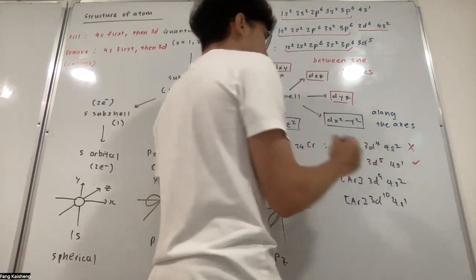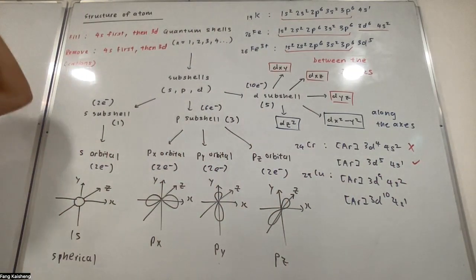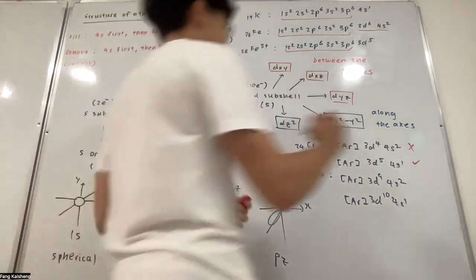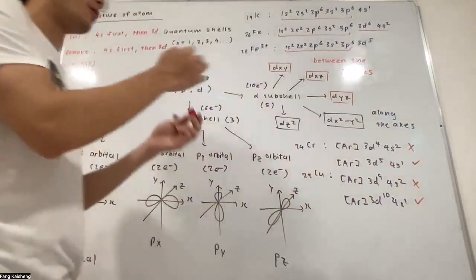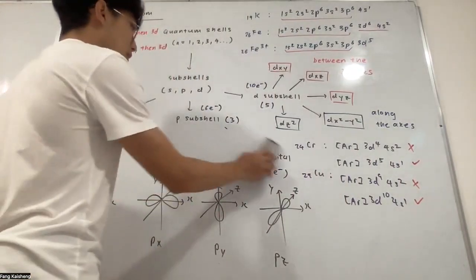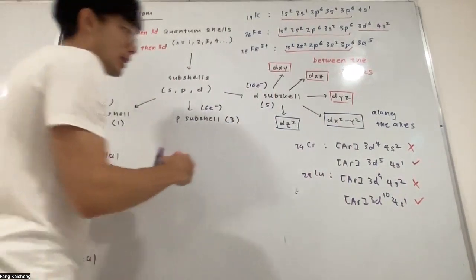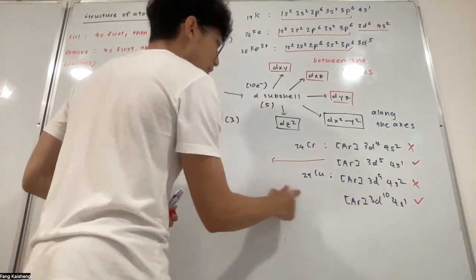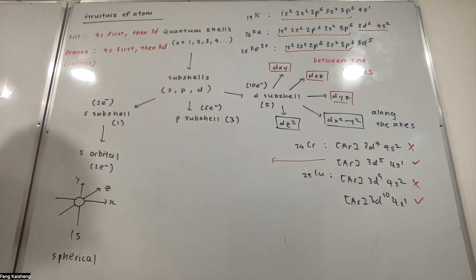There's a very good reason for this. The reason isn't usually tested, but I'm starting to see it more often recently. Let's come up with the reason for this. You can take this down also. Why is it that they don't fill in the full 4s2 and then go and fill in the 3d subshell? The reason is that we will have to understand this thing called the electron in box diagram.